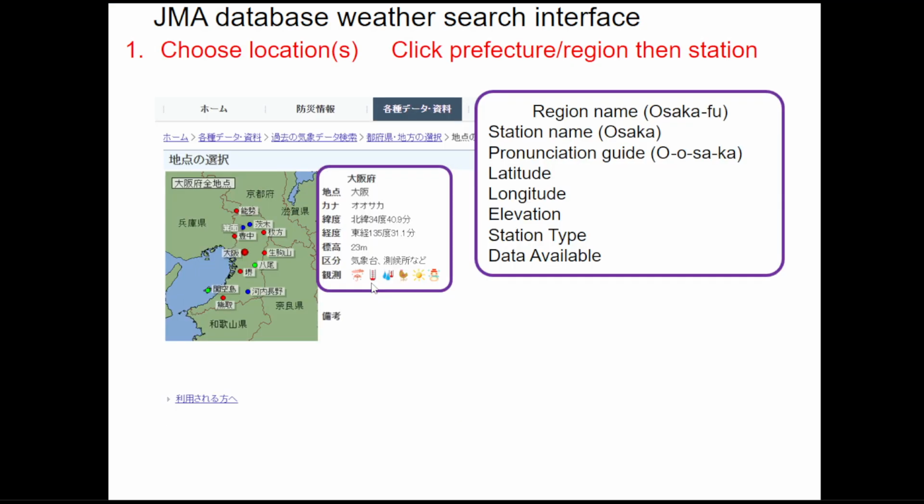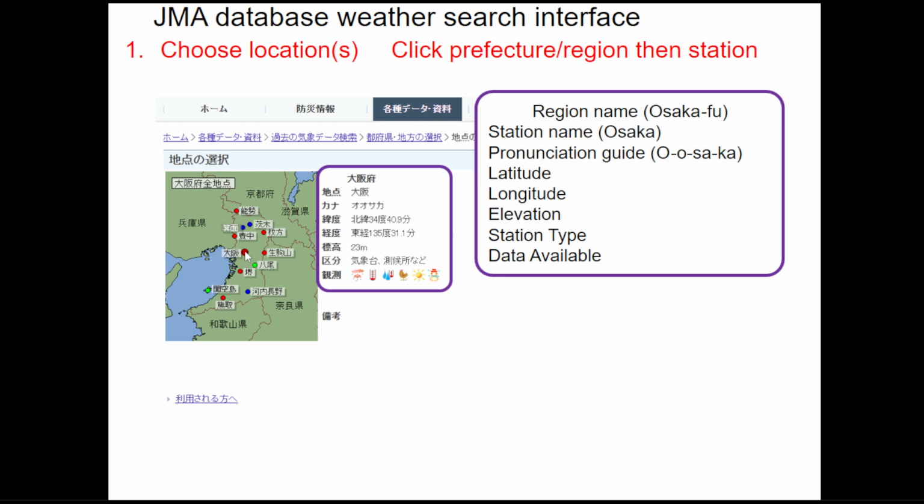So clicking through to the regional page, you'll get a diagram of the region with the available weather stations. When you hover the mouse over one of the stations, for example, Osaka, you get a description and some details that include the region name of the map. So this is Osaka-fu.